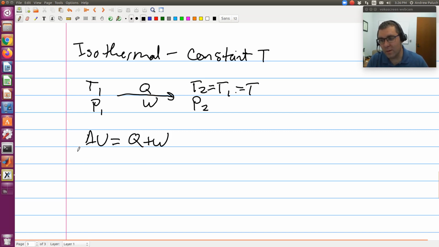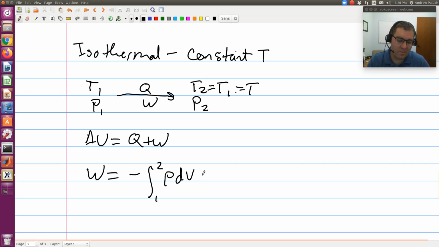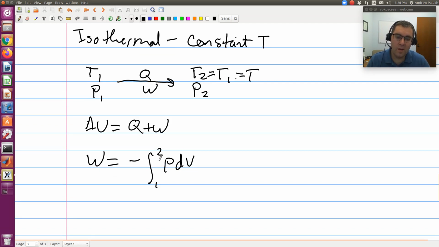Okay, so again, let's look at Q and W. So I want to look at W, again thinking just in terms of boundary work. W is going to be the negative integral from my initial to final state of P dV. When I evaluate this integral, what's key is I need to know how P changes with respect to V. In general, for a single component, single phase system, I have 2 degrees of freedom.